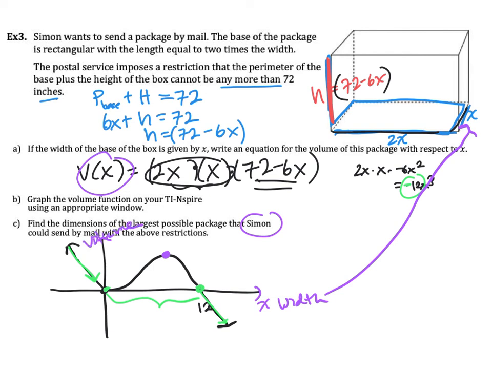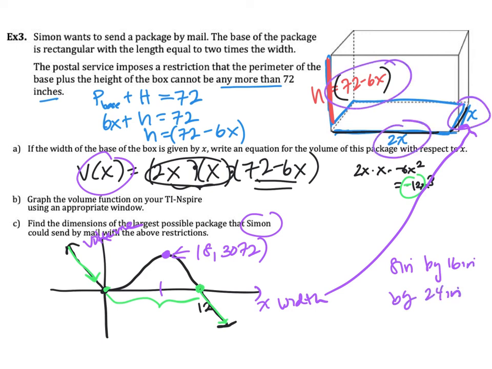So I want to know what this value is right here. So this value is 3072. So find the dimensions for the largest possible package. So that would be 8 inches by 16 inches by 24 inches. So 8 by 16, plug it in here to get 24. And there we have it.